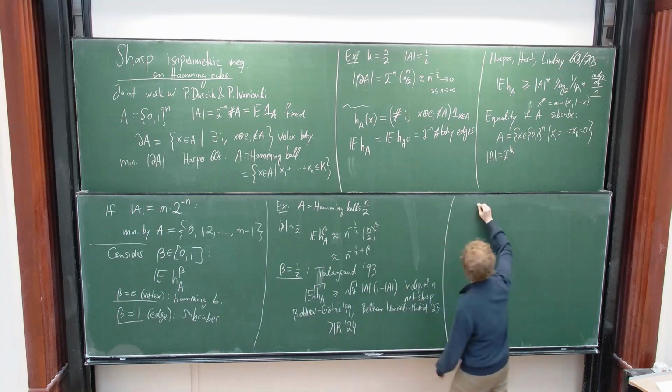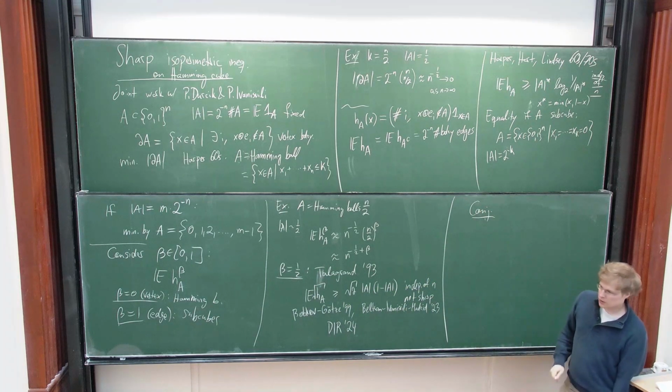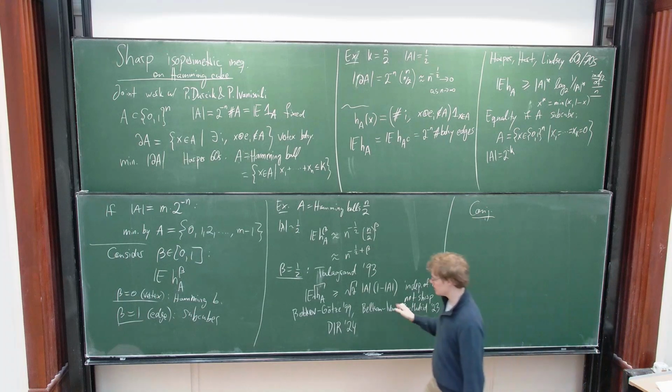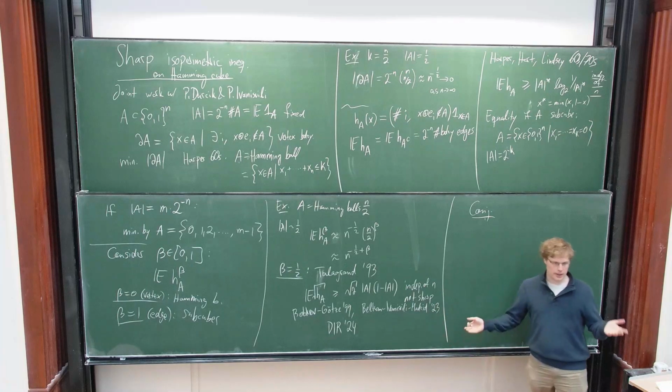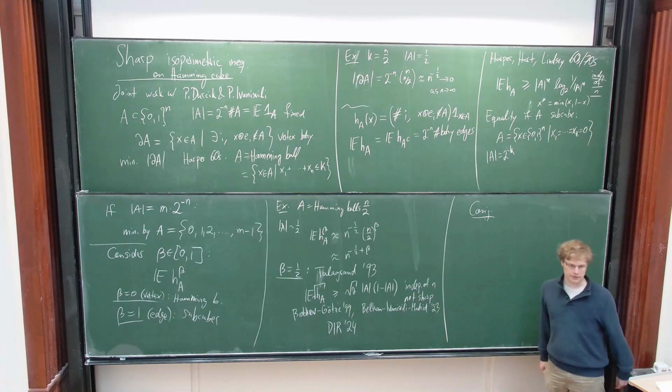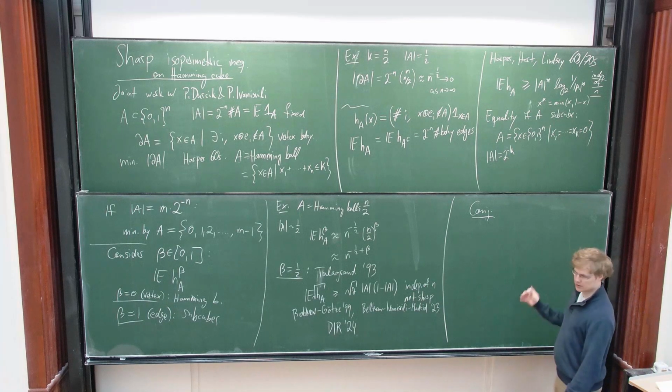Okay, so there is actually a conjecture. We started out talking about minimizers. So you might ask, what are minimizers for this quantity, right? Are they now Hamming balls or are they subcubes or something totally different? And unfortunately, the answer is I don't know, but there's a conjecture.